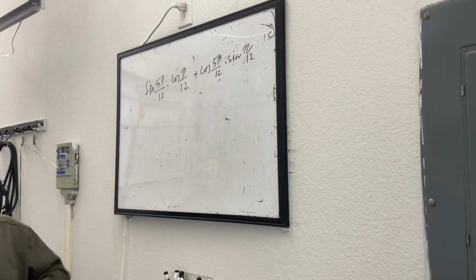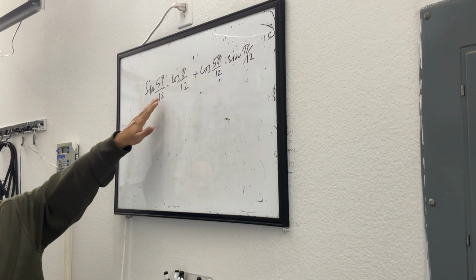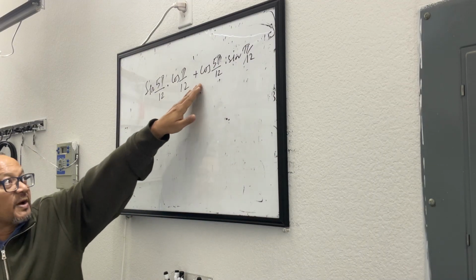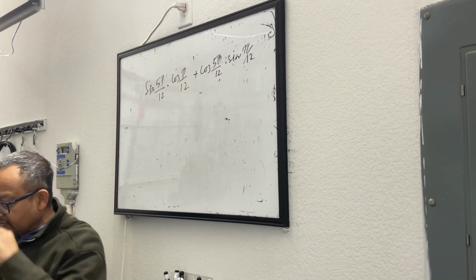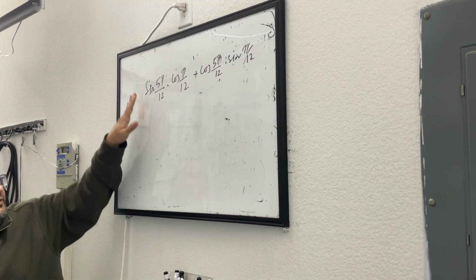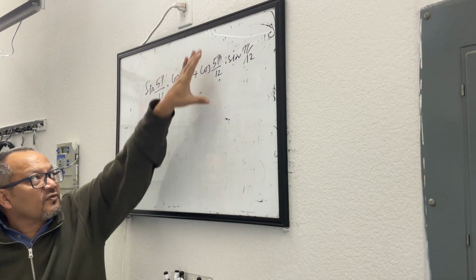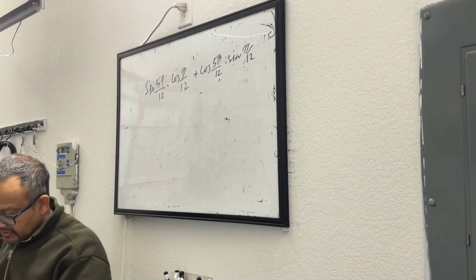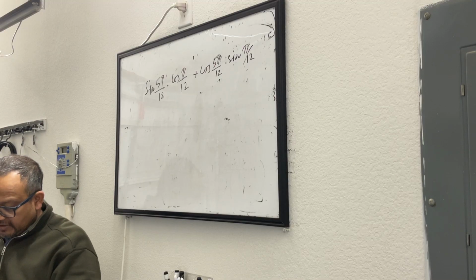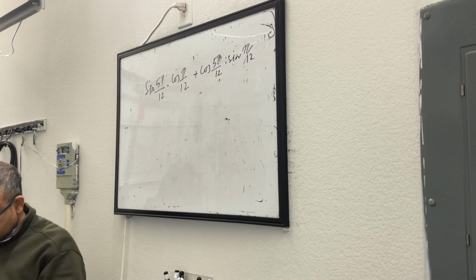So it's sine pi over 12 times cos pi over 12 plus cos pi over 12 times sine pi over 12. Sine 5 pi over 12 times cos pi over 12 plus cos 5 pi over 12 times sine pi over 12, and you have to find out the value of this.